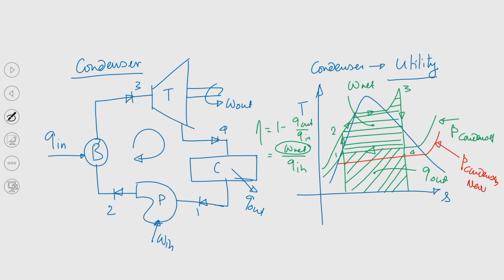In that case, if I draw this, say this is 1 prime and this is 2 prime. Try to understand, if we allow the condenser to operate at that pressure, perhaps this is the amount of W net we are getting additionally.